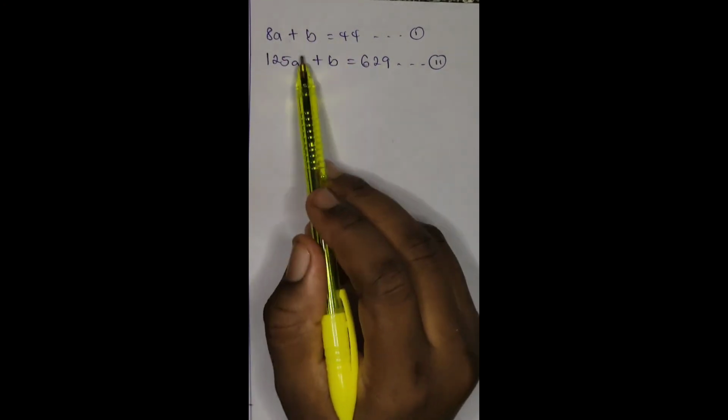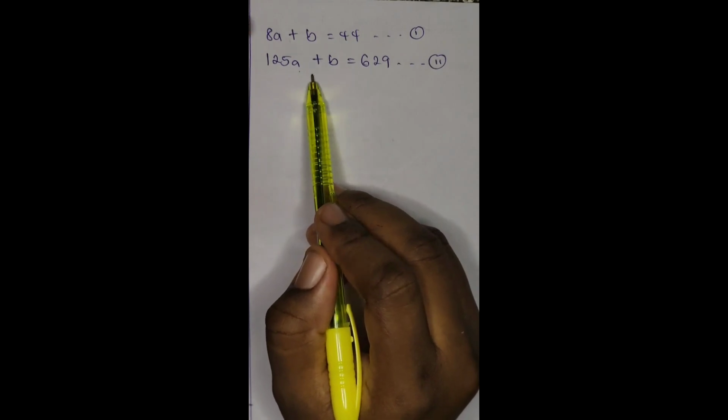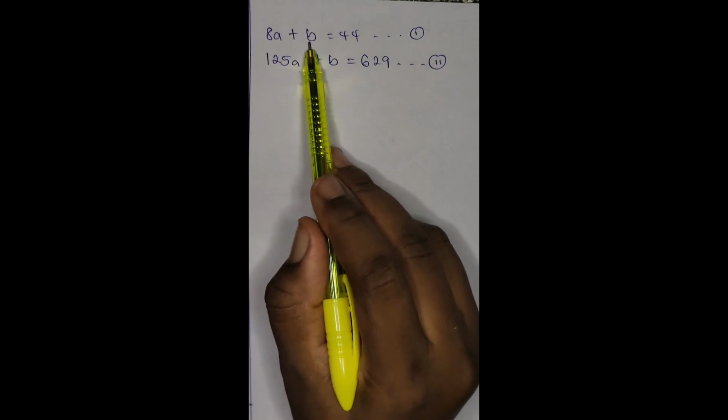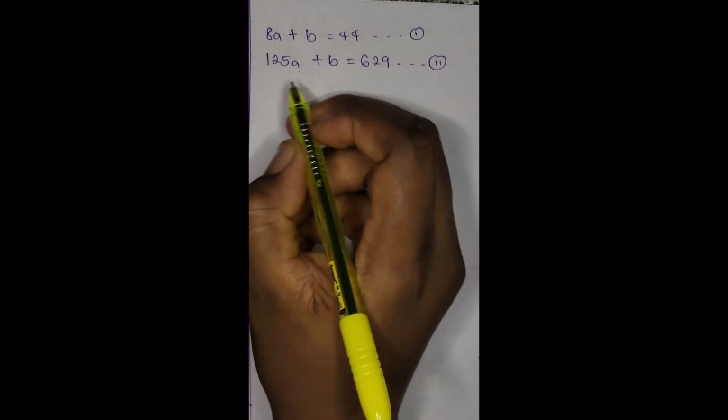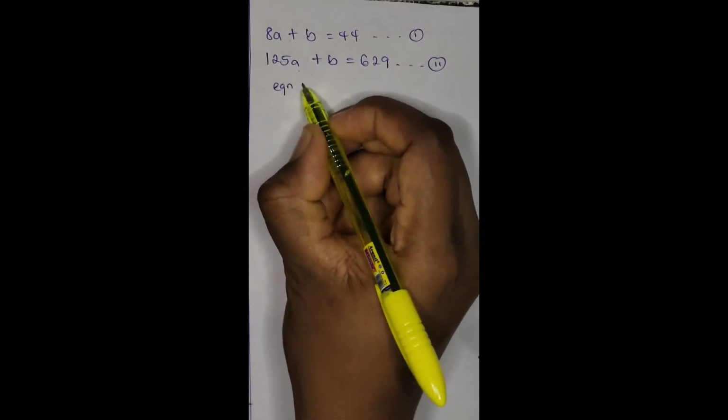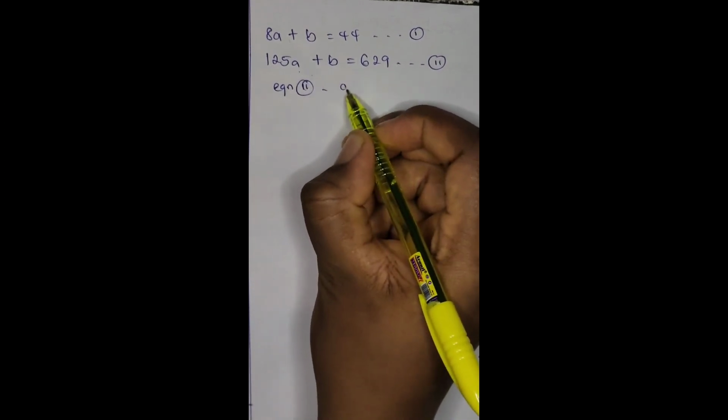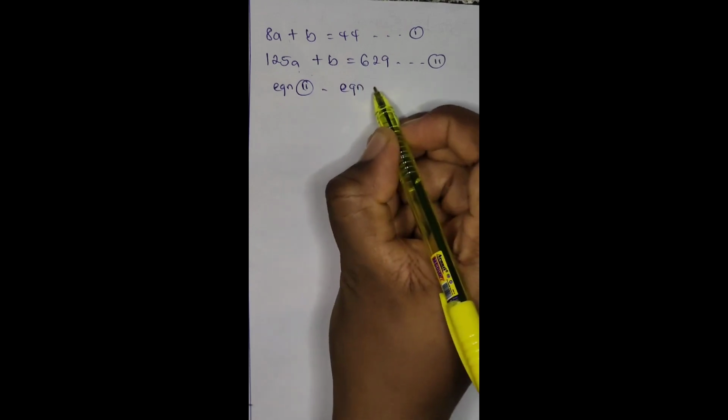So we have equation 1 and 2. We'll resolve these two equations simultaneously to get our constants a and b. Let's subtract equation 1 from equation 2.